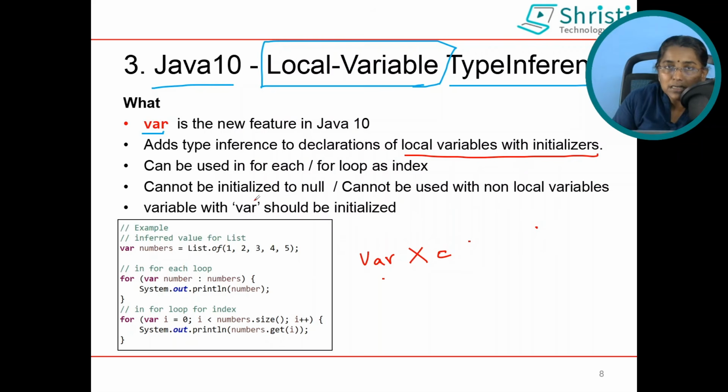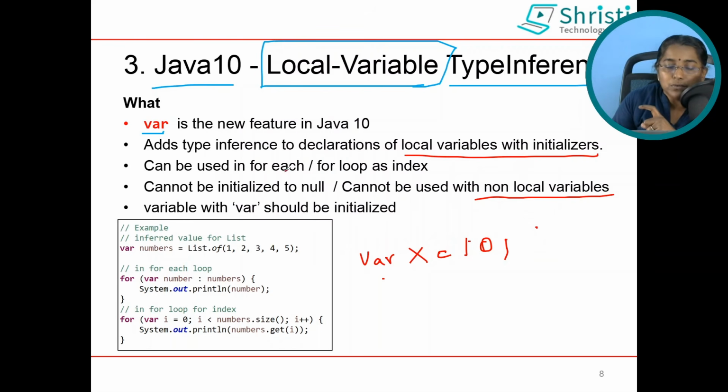You cannot initialize a variable to null that uses var. So it is mandatory to assign a value. It is local variable type inference, which means you cannot use it for non-local variables, that is, static variables or instance variables, only for variables inside a method.